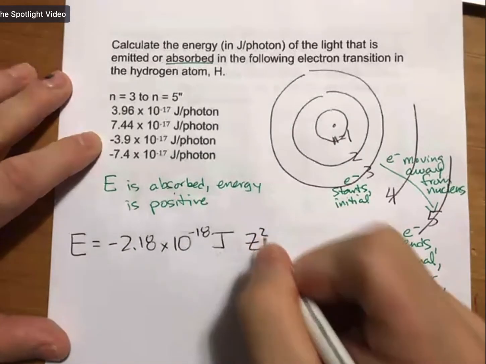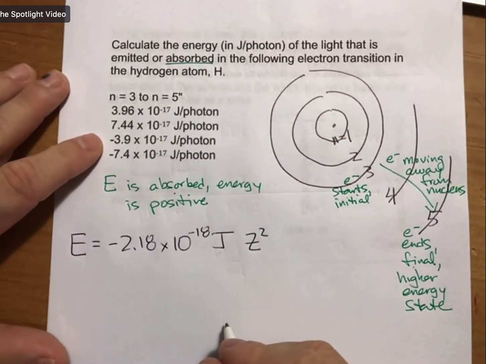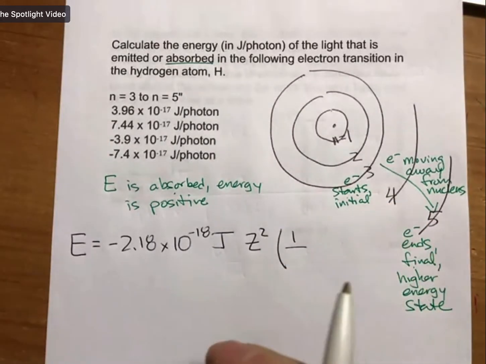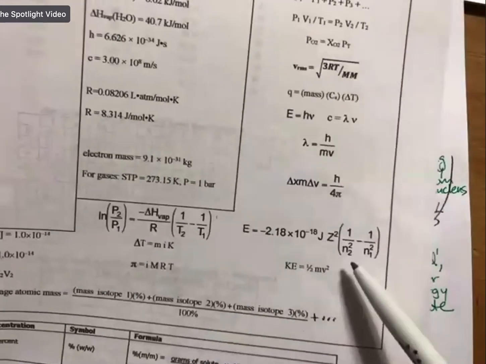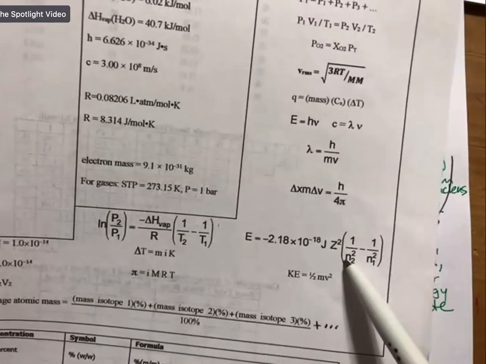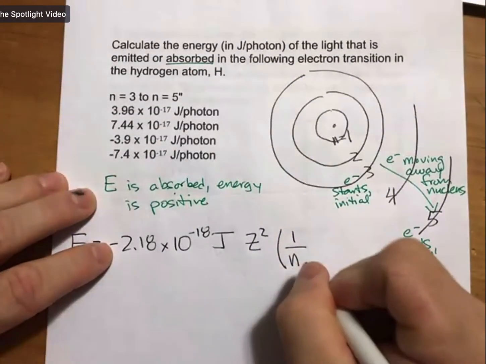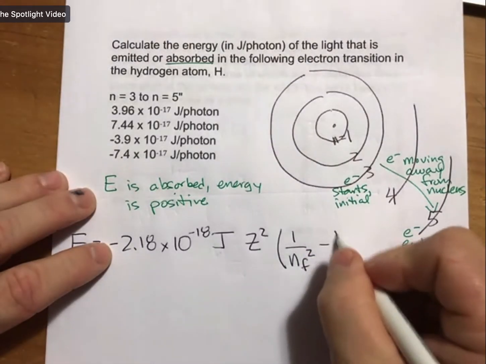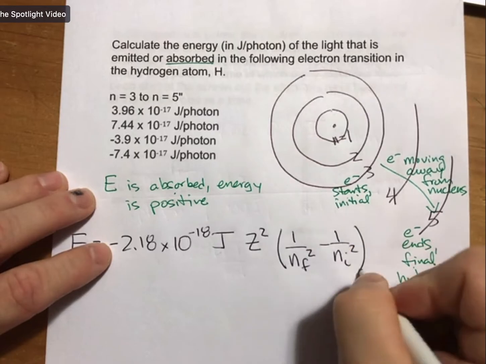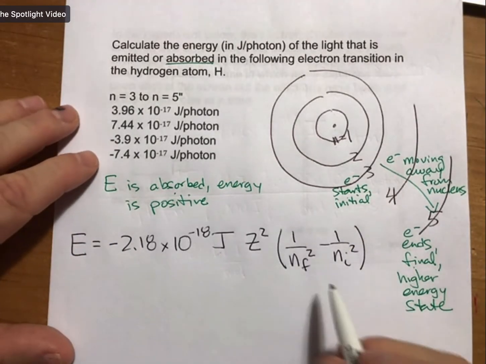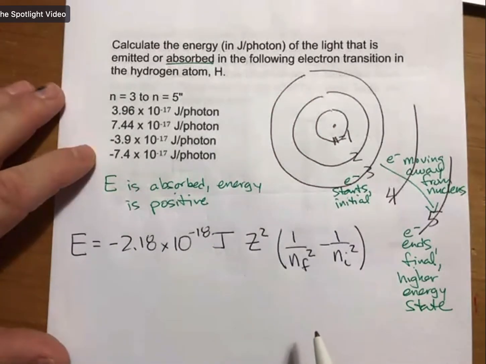Then Z squared, and 1 over, well, the conversion and equation sheet has 2's and 1's here. But in my lecture outlines, I used n final and n initial. And that's going to be 1 over n final squared minus 1 over n initial squared. Like so. So that's the adaptation we're going to use to solve this problem.